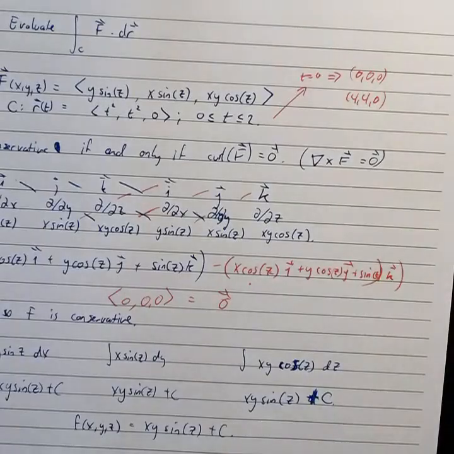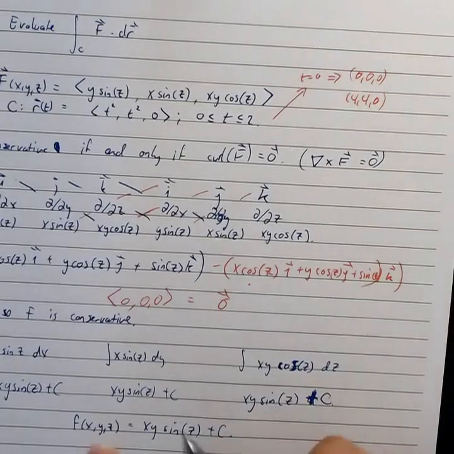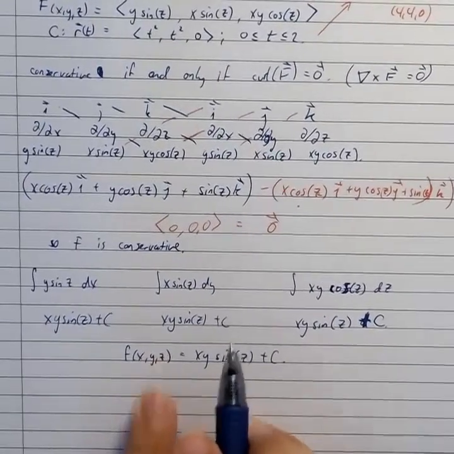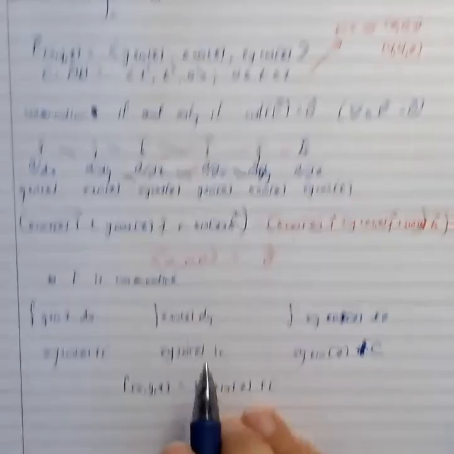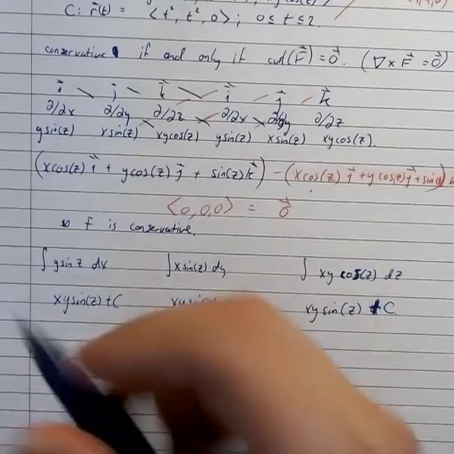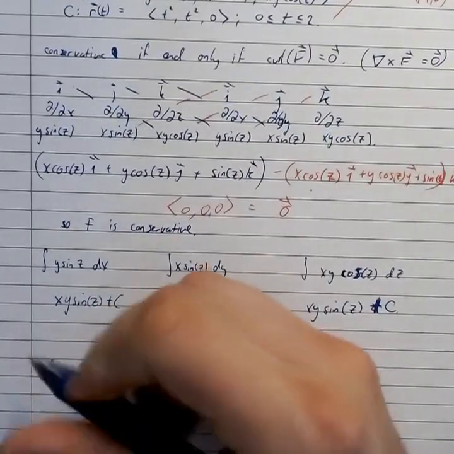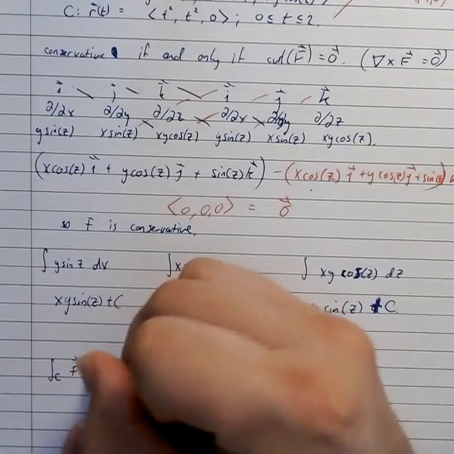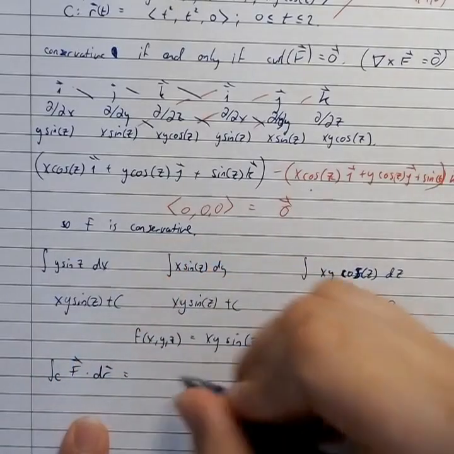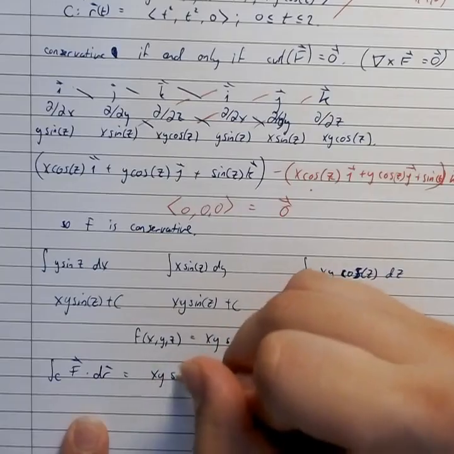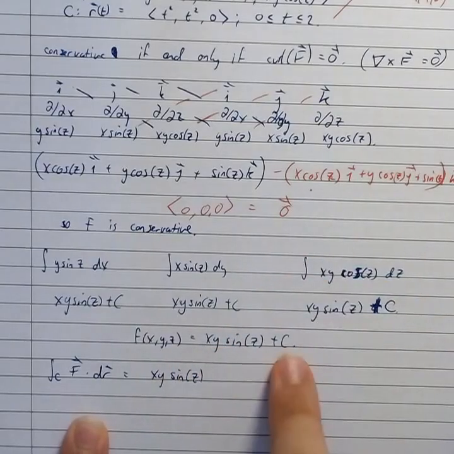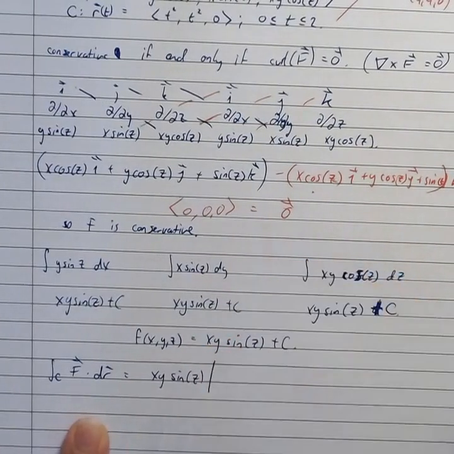And now we're going to evaluate our integral by simply taking our potential function and evaluating it at those endpoints. So here that means that the line integral over C of F dot dr is going to equal xy sine of z. I can leave the constant off. It would cancel out anyway.